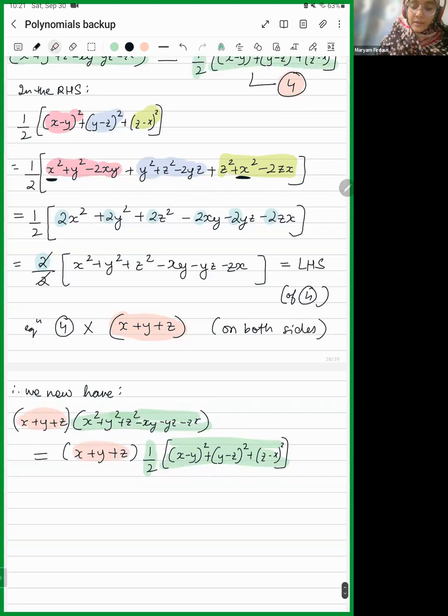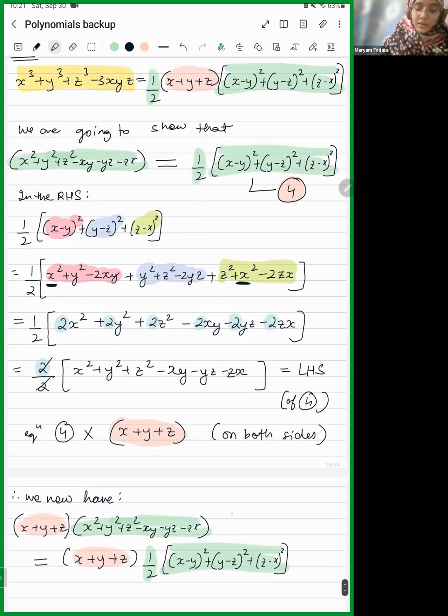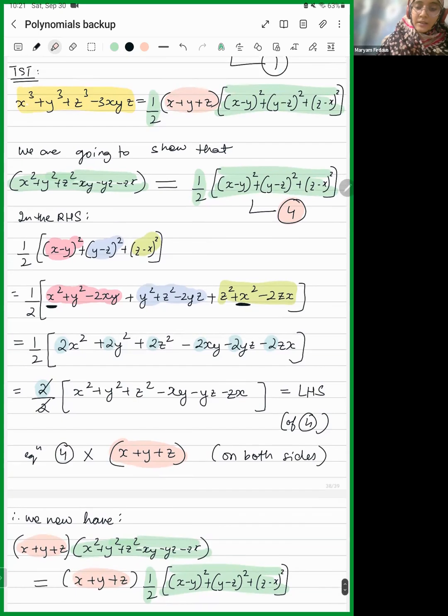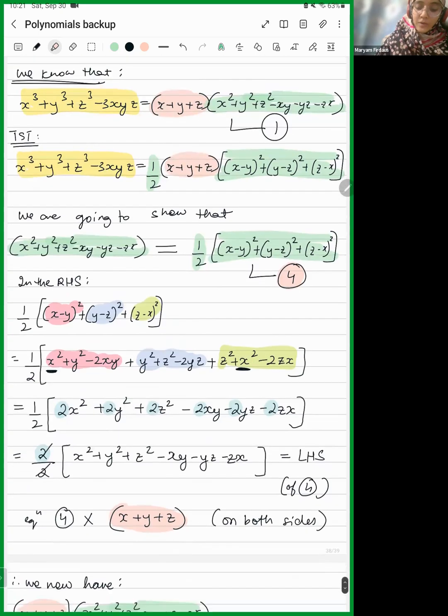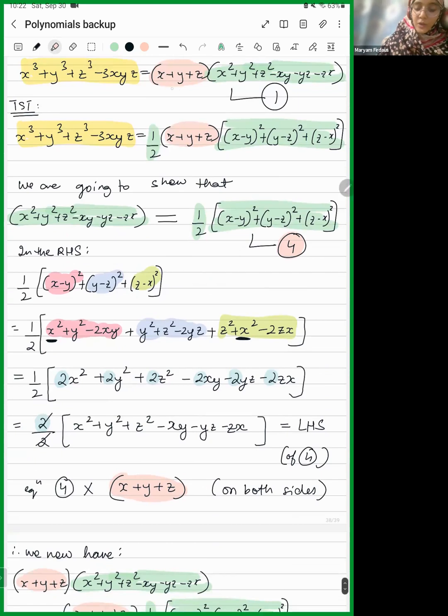Now look at this. We have shown that B is equal to C. And this is exactly what we needed, right? This thing is what we had in equation number 1, what we knew, and this thing is what we had to show.